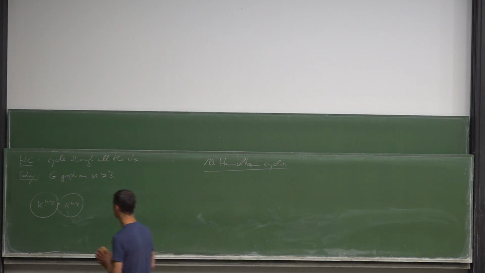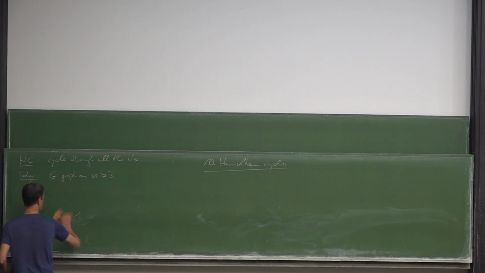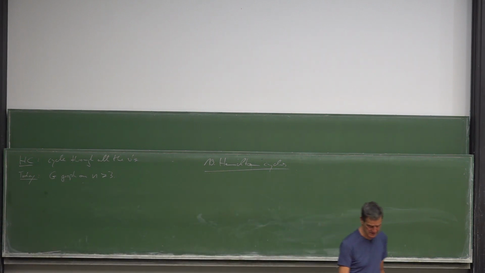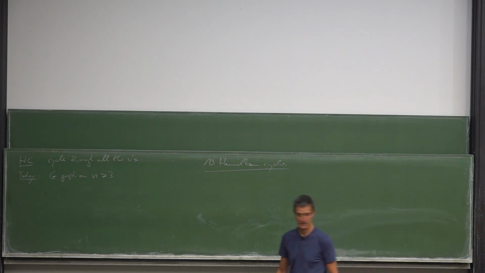And if the min degree is bigger, then a Hamilton cycle exists, and that's Dirac's theorem. It's 10.1.1.